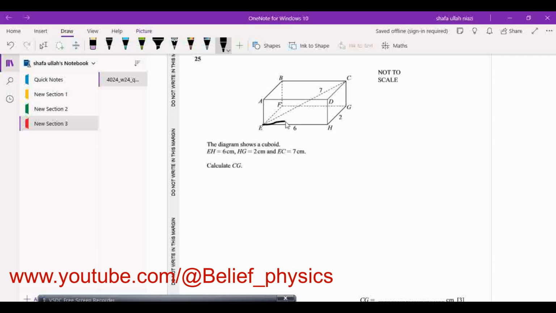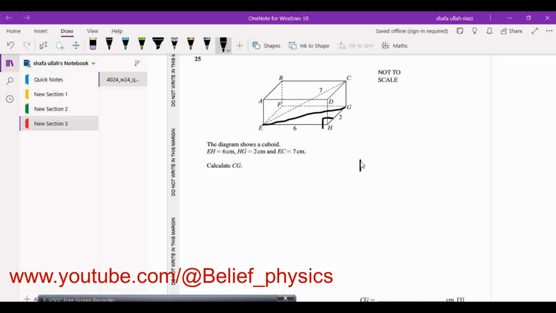EG is this line, this EG on the bottom surface. This is 6 and this is 2. We can use the Pythagoras theorem because these 6 and 2 are perpendicular. EH is perpendicular to HG. So we use the Pythagoras theorem to get EG square as 6 square plus 2 square.